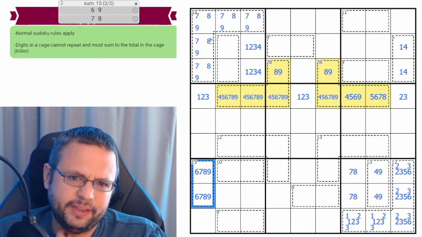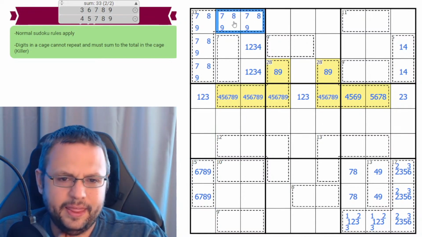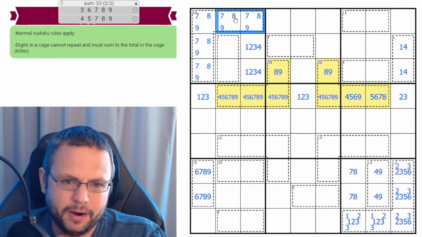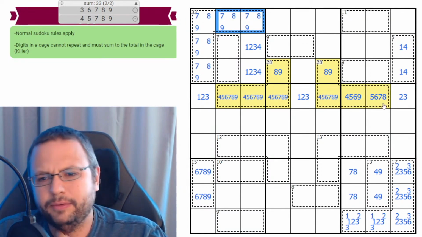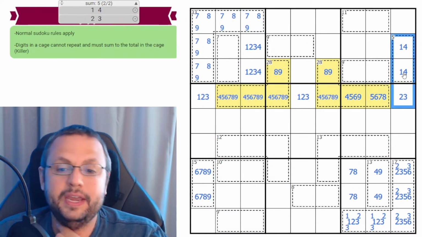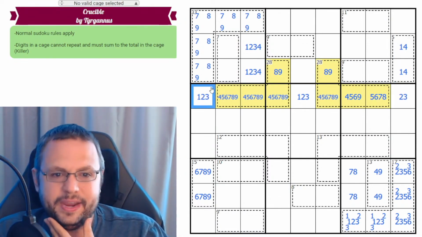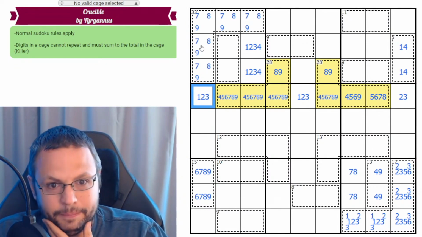The reason is because if this is 7, 8, then these two are forced to be a 7, 8 pair, but it doesn't quite break. The reason why it broke down here, if this was 2, 3, was it made these 1, 2, 3. But unfortunately, this cell is from 1, 2, 3. It's not an extra 7, 8, 9.